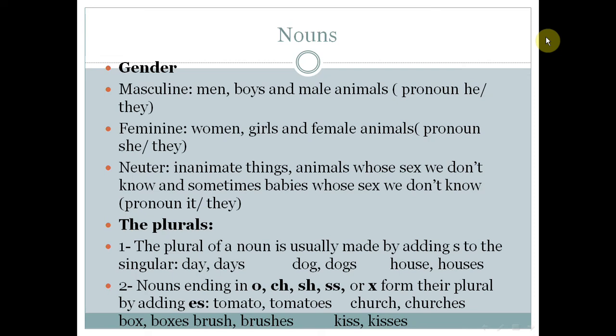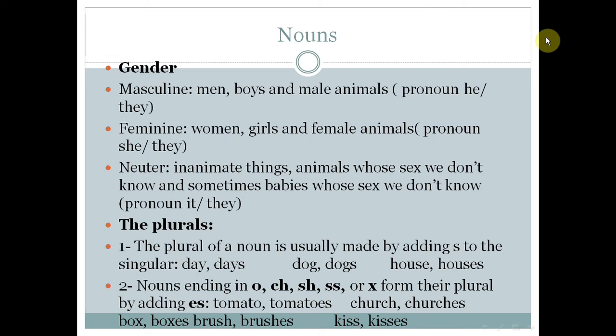For example, tomato, tomatoes, potato, potatoes, hero, heroes, negro, negroes, charge, charges, box, boxes, brush, brushes, kiss, kisses. So the first rule of the plurals is to add an S to the noun to form its plural form.